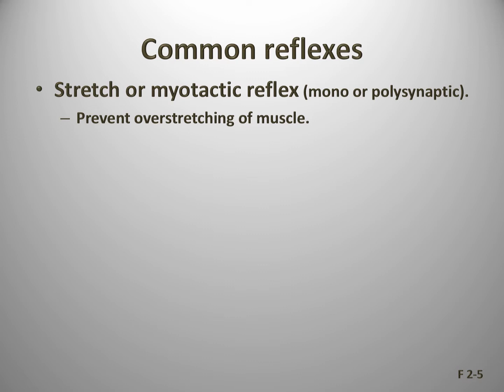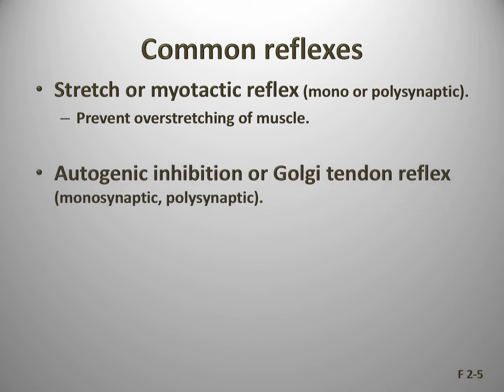Because of its role, it is the most commonly used reflex, as it takes place multiple times per second in a completely automatic manner. Another very common reflex is the autogenic inhibition or Golgi tendon reflex, which can be either mono or polysynaptic in nature. Its role is to prevent damage to tendons and muscles.